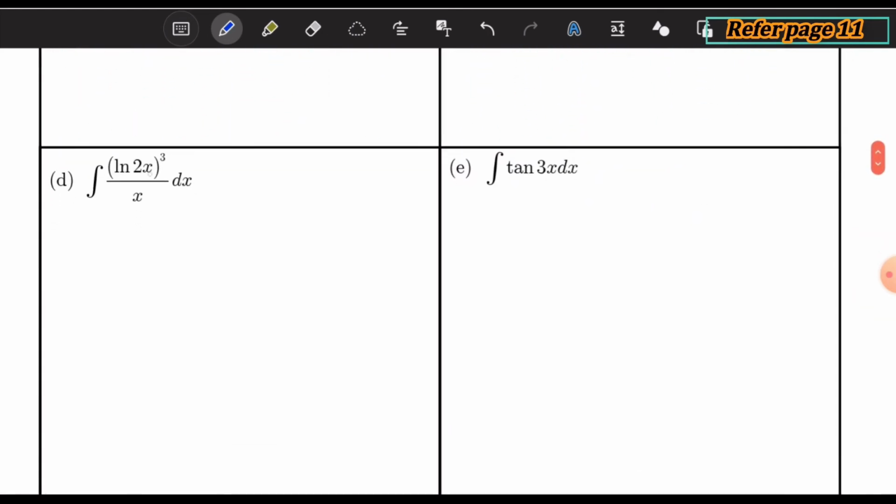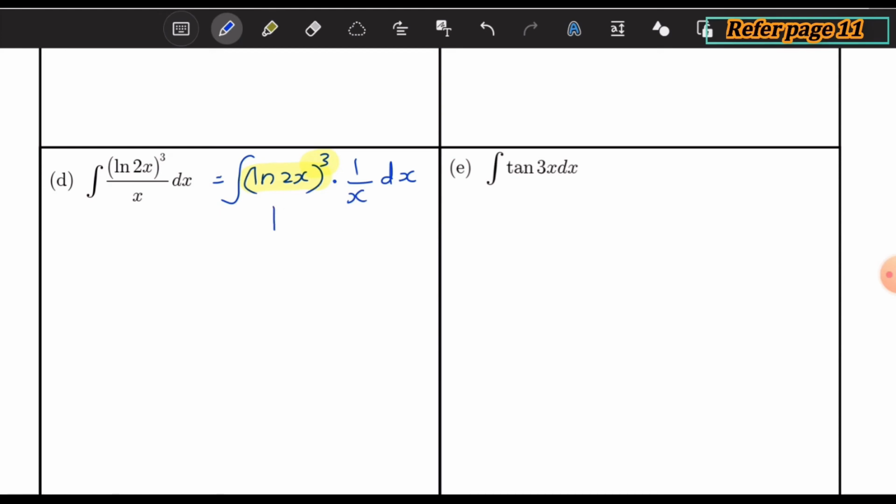Next, part D. Ln 2x cubed over x. Which one is more complicated? Yes, the numerator is more complicated. So we can write as ln 2x cubed times 1 over x dx. The first part is related to u. Okay?